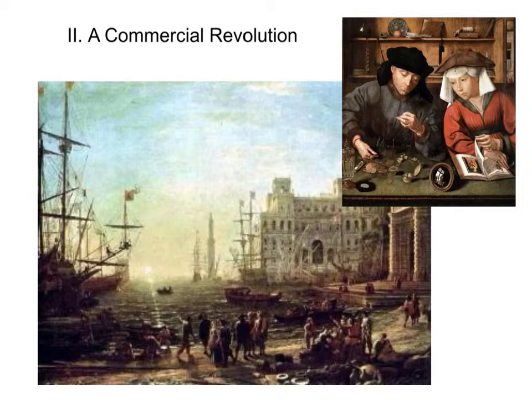And it spread the risk of sending out ships and possibly having them sink or be attacked by pirates or have the venture fail in some way. And instead of one person losing all of that money that they had invested in that ship, it would be a group of men who lost only the investment that they had made. The fact that they were investing in a company and they only owned a share of that company protected their other assets so that they could not be penalized by having their other goods taken away from them.